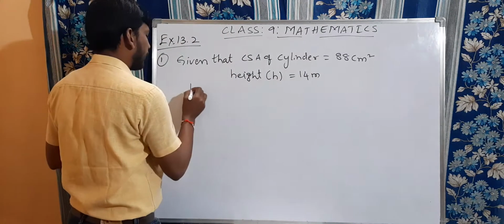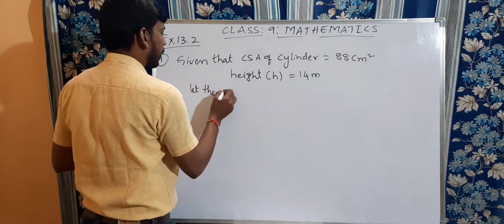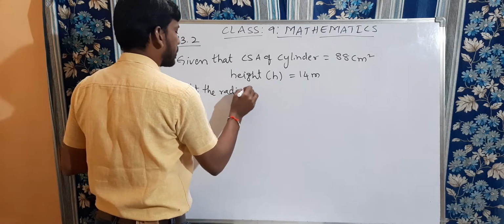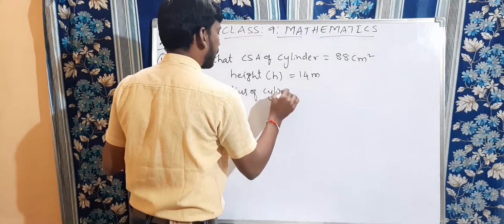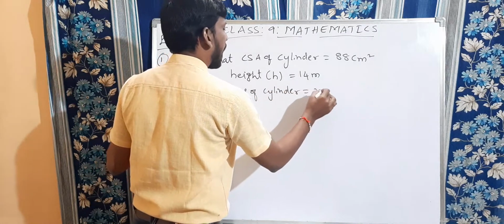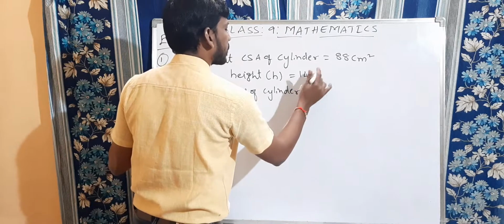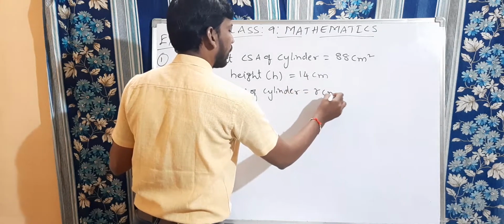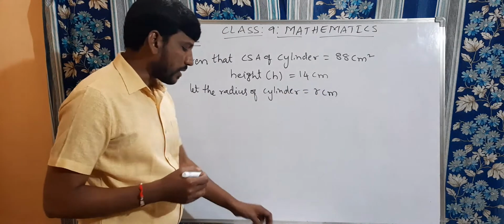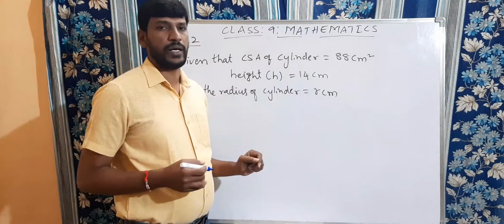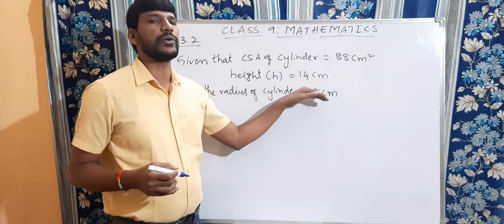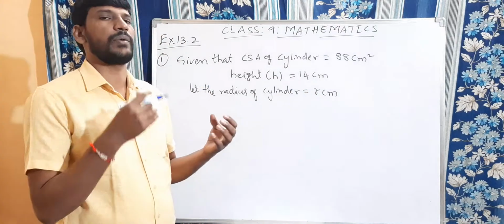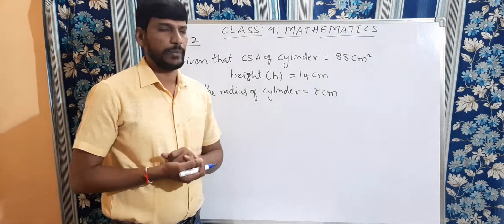Now let the radius of the cylinder be r centimeters. Clear? Now, what is the curved surface area formula? By using that formula, we are going to find r, which gives the radius of the base. If you multiply with 2, you will get the diameter.